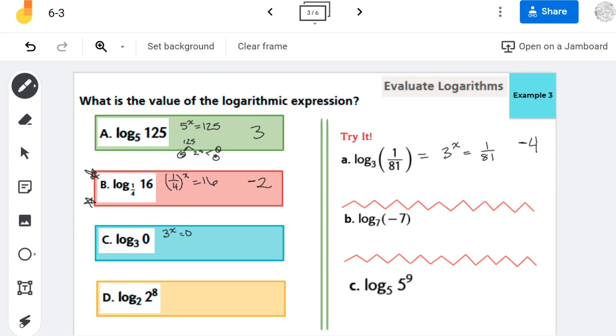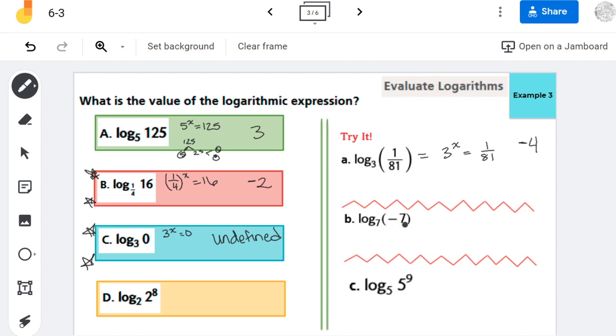Well, 3 times 3 is 9, times 3 is 27, times 3 is 81, so multiplication didn't work. 3 divided by 3 is 1, divided by 3 is 1/3, divided by 3 is 1/9. So I'm getting fractions that have a bigger and bigger denominator, but they're not actually equaling 0. So there is no way that I could raise 3 to an exponent in order to make it 0. This is undefined. That's a really big deal. I would write that down in a note page somewhere.